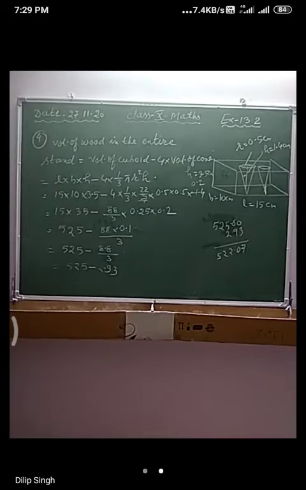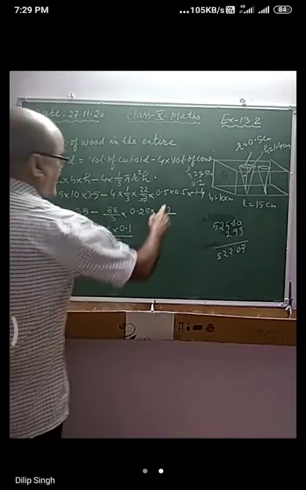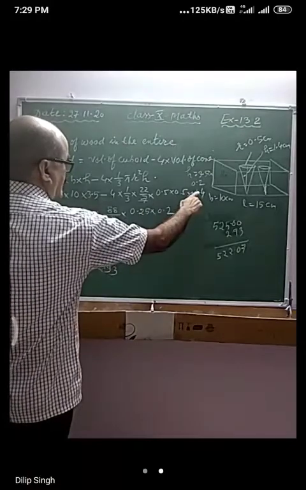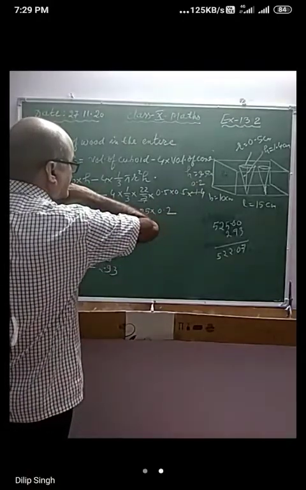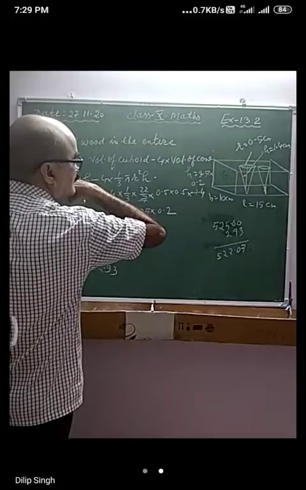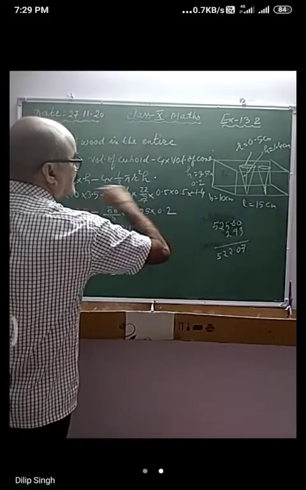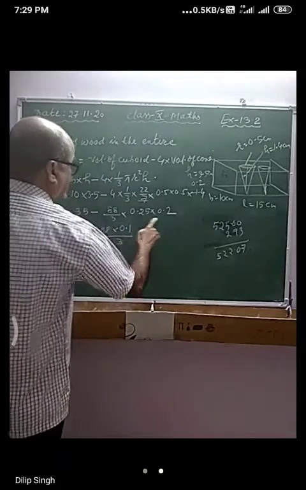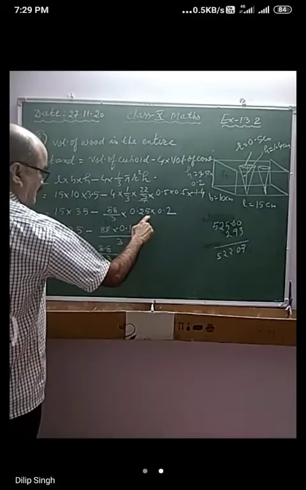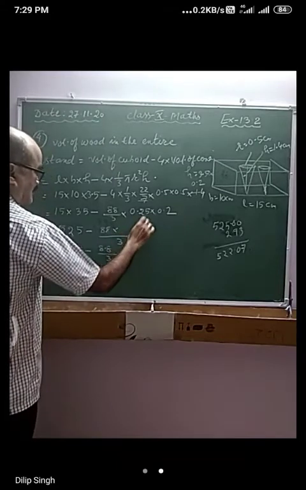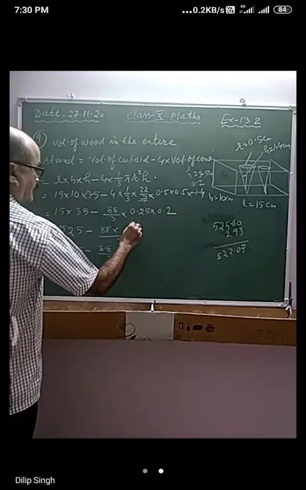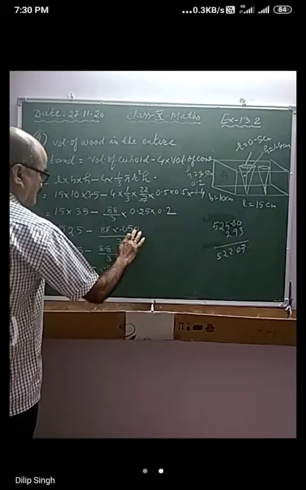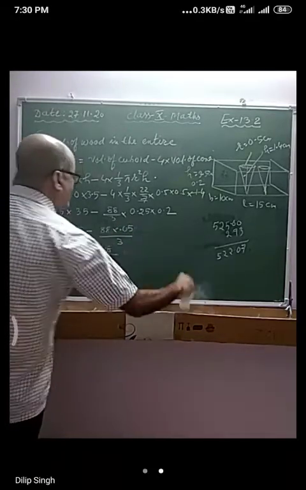So you can see 5 5s are 25 and 0.7 2s are 14. 1 by 3 pi r square h is 14. r is 0.5 into 0.5, so 25. Sorry, yeah, this is wrong. Why? Because 25 into 2 is 50, and after 3 places of decimal, this will be equal to 0.05.